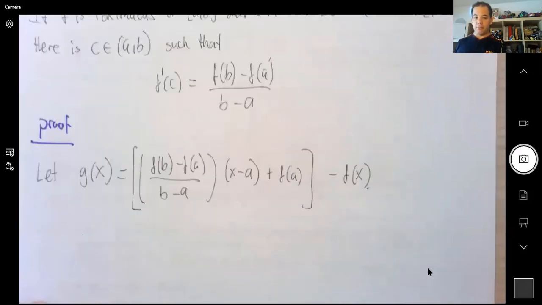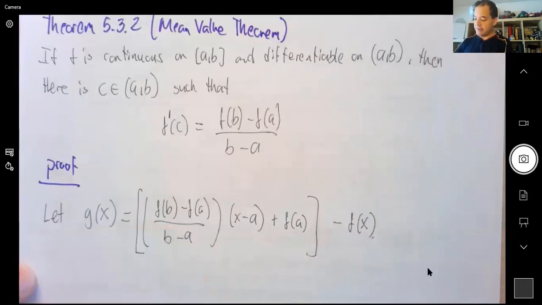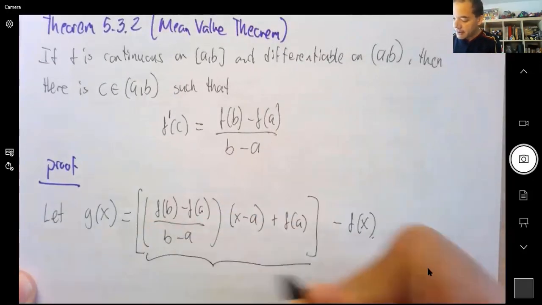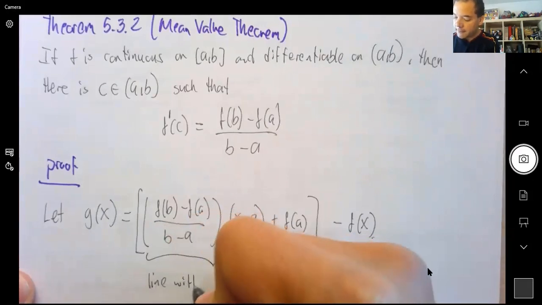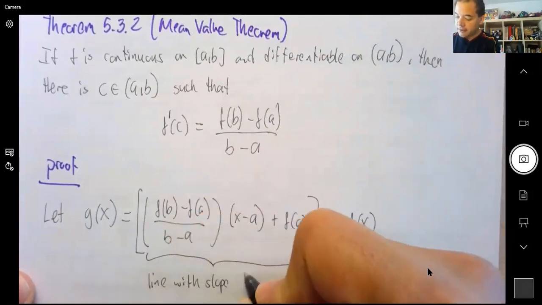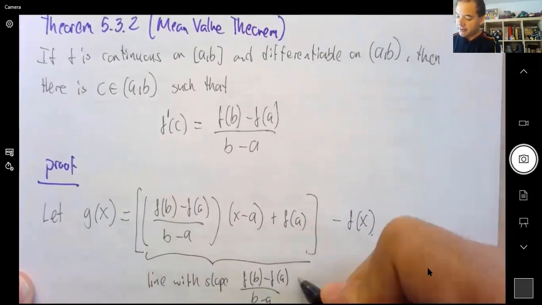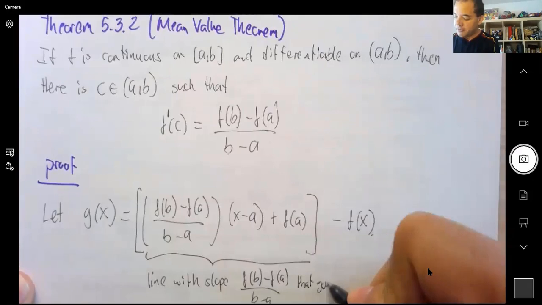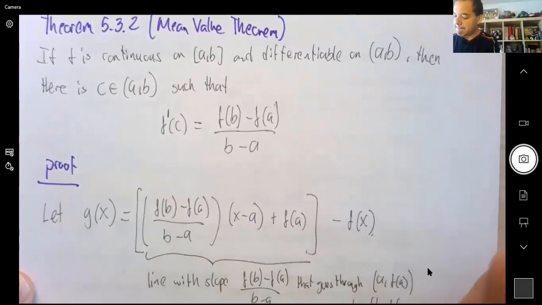So if we go back to the original drawing, this is a line with slope f of b minus f of a over b minus a that goes through the points a, f of a and b, f of b.